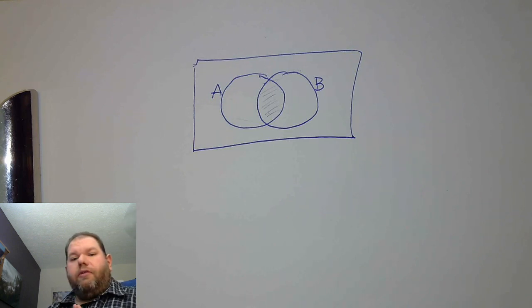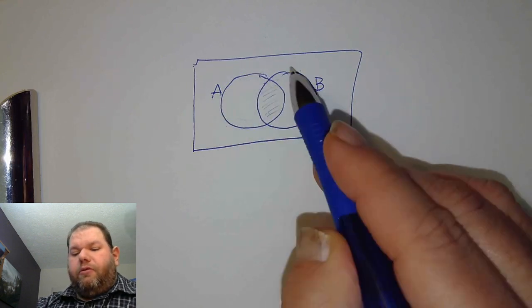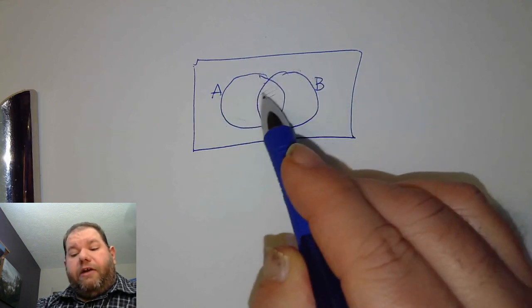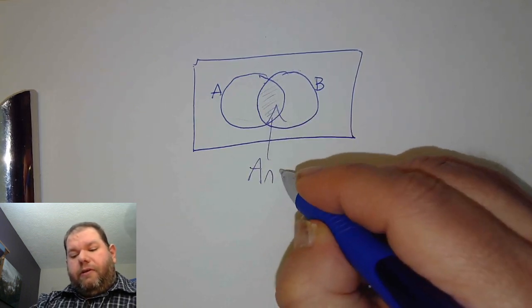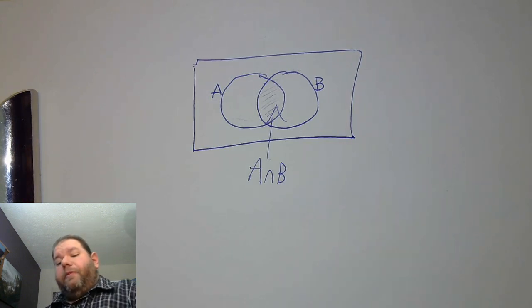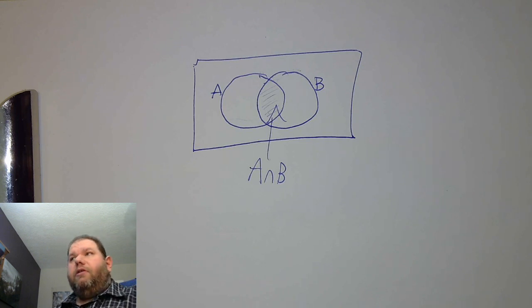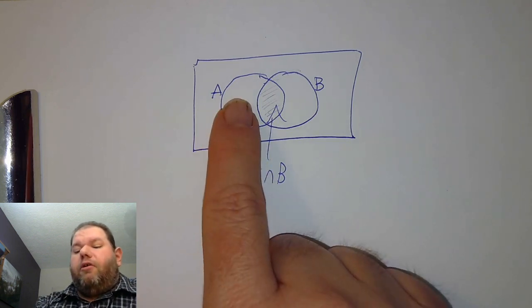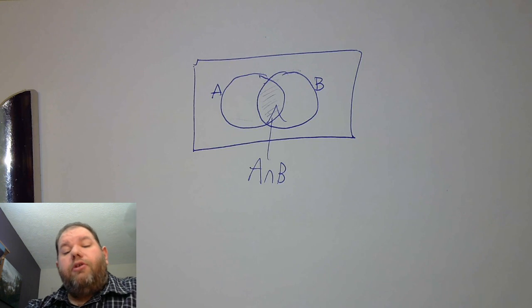The rule of counting says that this area, which we've labeled as A intersect B, we've already counted twice, so we want to take it away once. By subtracting it once, that effectively counts all 3 pieces separately, and we have an accurate total of what is inside the union of both sets.